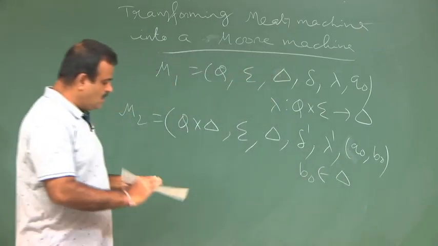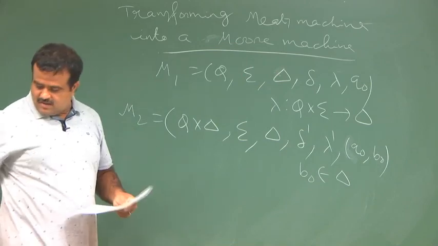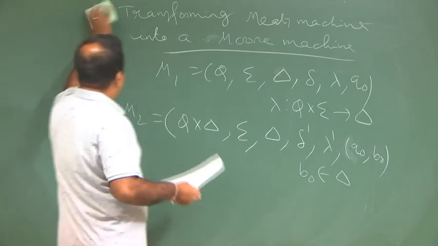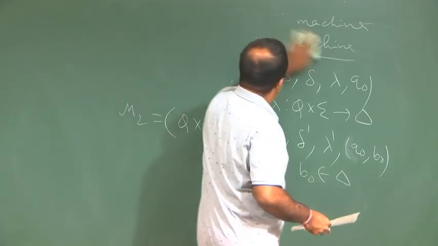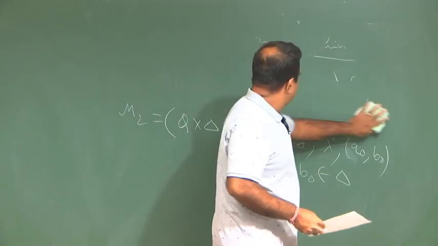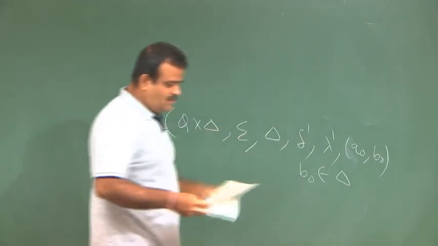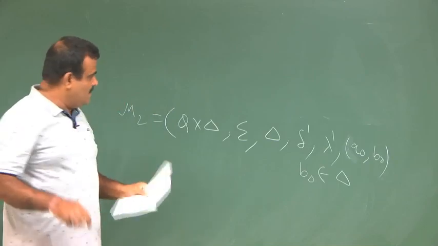Now, what is the rule? How do we get the rules? Basically we have to define delta prime.